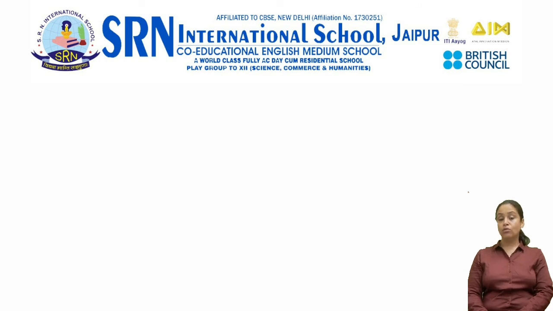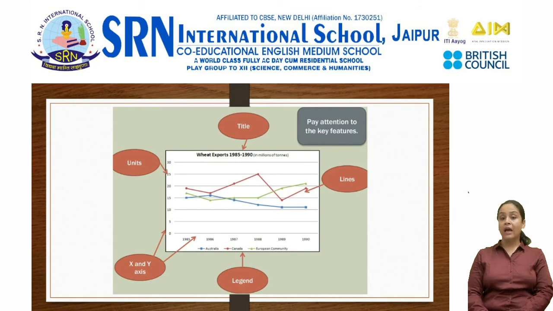Now pay attention to the key features when you are analyzing the question. That means the title of the question. As in this particular picture, we can see wheat exports from 1985 to 1990 in millions of tons. This is your title. Then you have units mentioned here from 0 to 30 on the left-hand side.